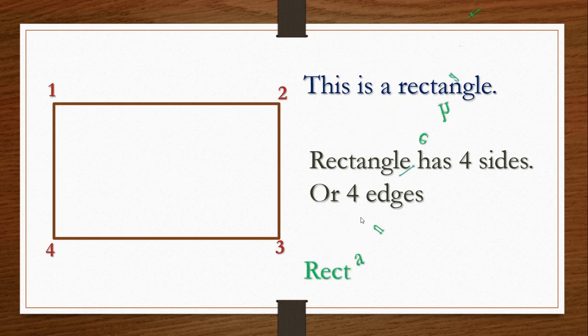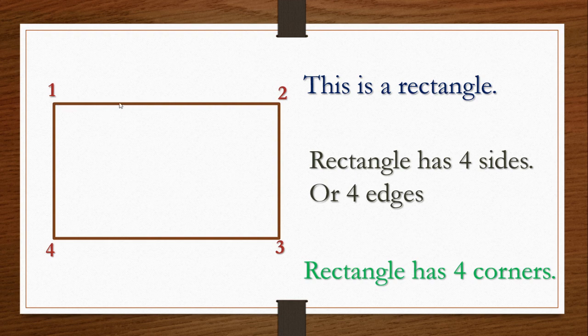Rectangle has 4 corners. Got this, children? Rectangle has 4 sides and 4 corners. Okay? See, this is rectangle. Here these two sides are lengthier or larger compared to these two sides, isn't it? So this figure is called a rectangle.